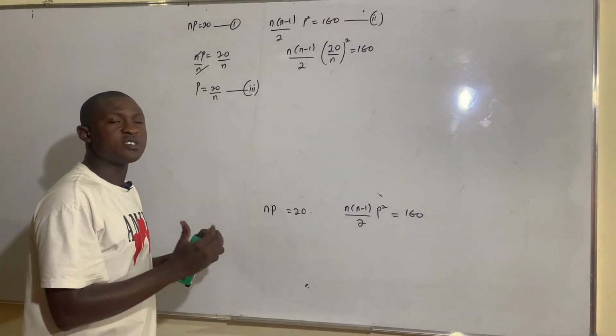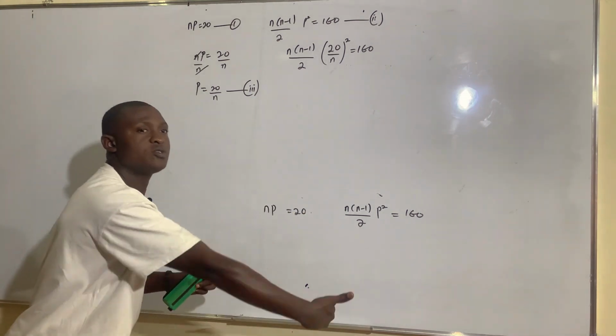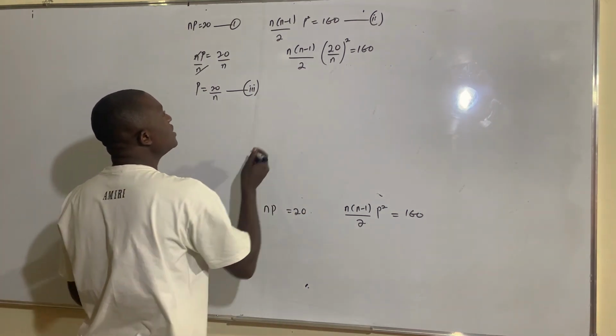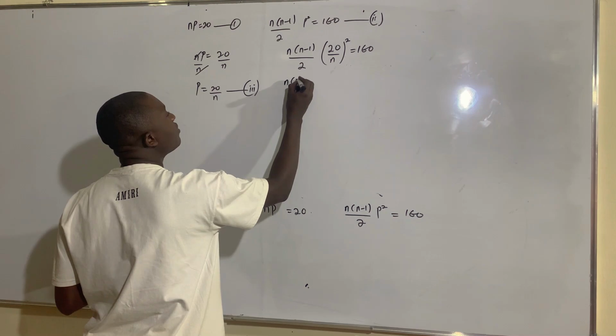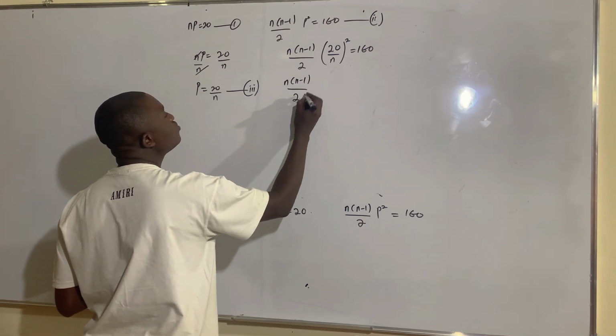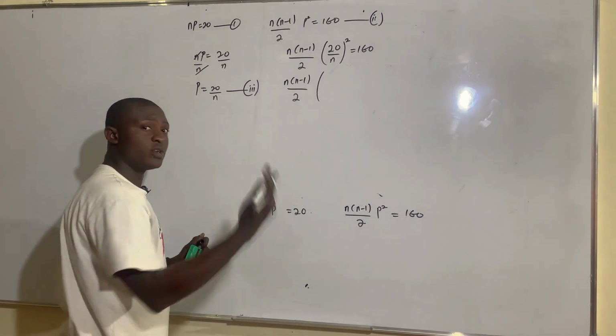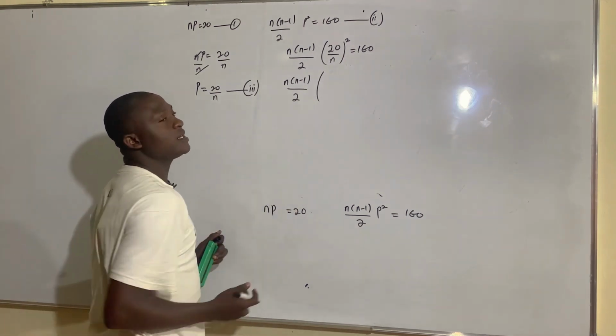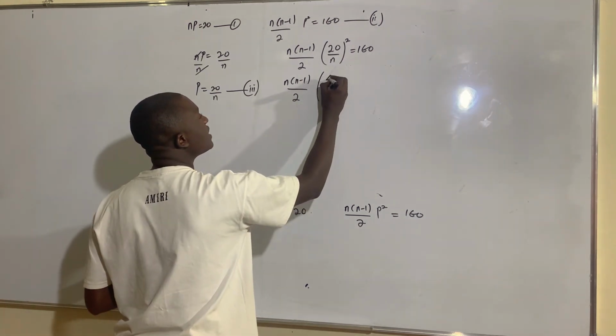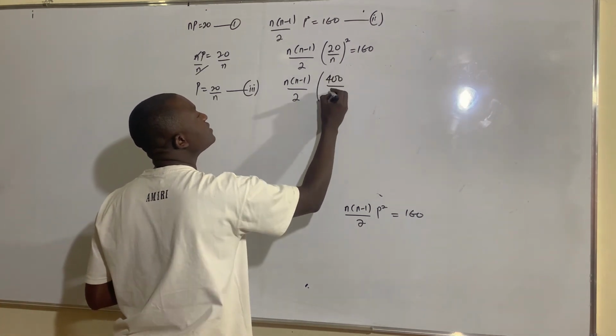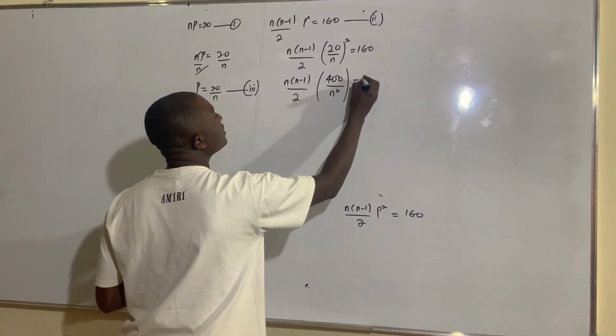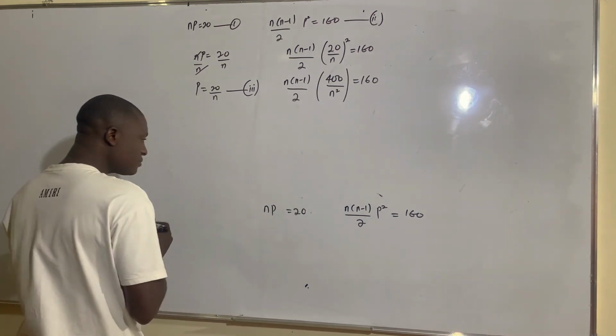You can see, we just made p the subject in the first equation and substituted back into the second equation. This means 20 times 20, and n squared means n times n. So 20 times 20 is 400, and n times n is n squared, equal to 160.